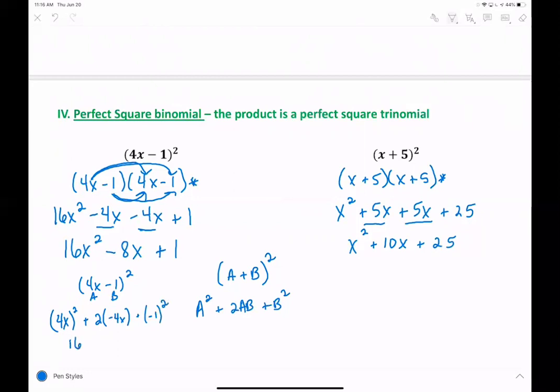So you would get 16x squared minus 8x plus 1, which is what we got here at the top. Same thing if I use the shortcut on x plus 5 squared. I'm going to square x. I'm going to multiply x and 5, and double it. So I get 10x. And then I'm going to square the 5 to get 25.